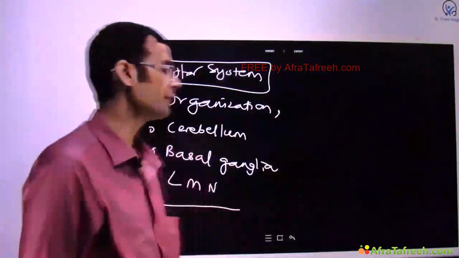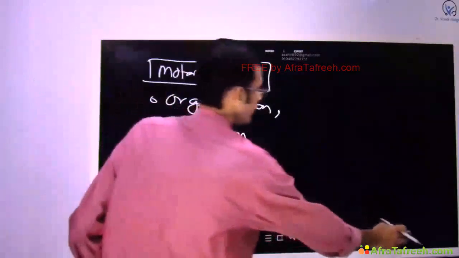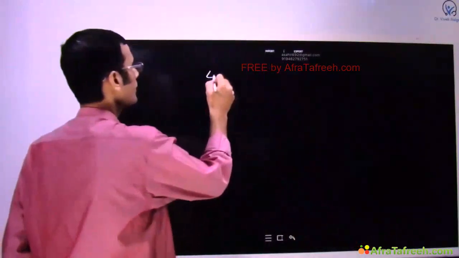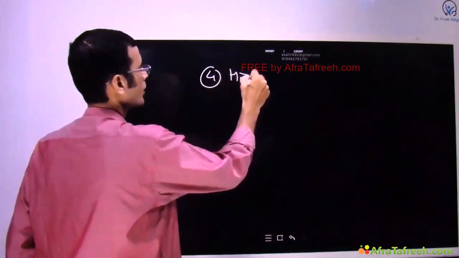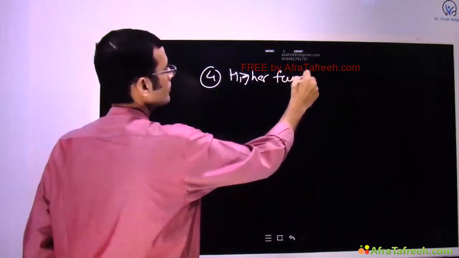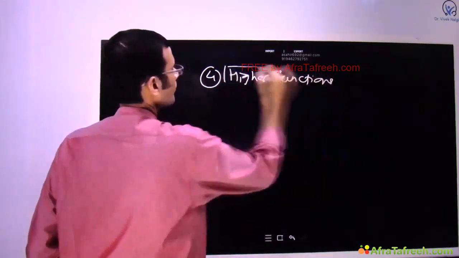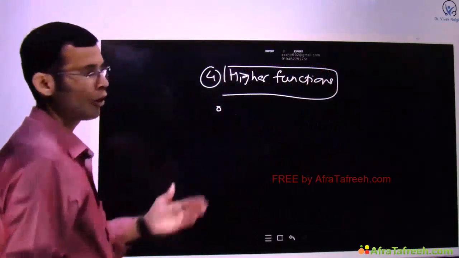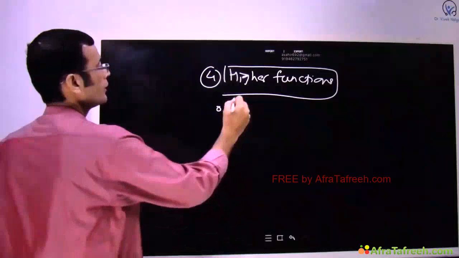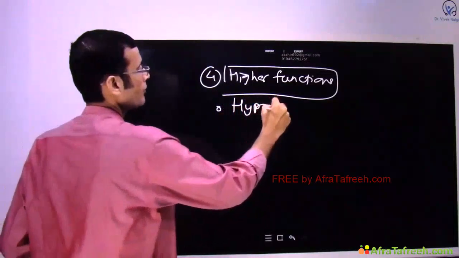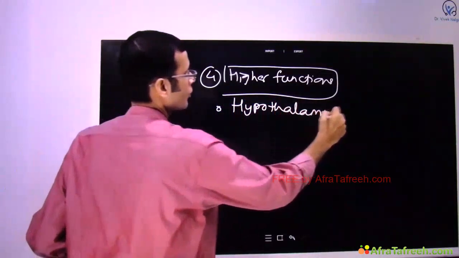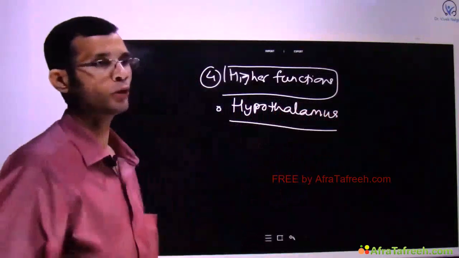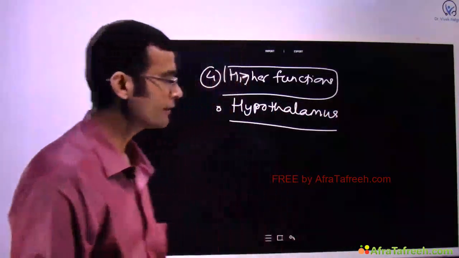the voluntary movement. And then the fourth section will be higher functions. So higher functions mainly deal with the cerebral hemispheres, dominant versus non-dominant. Then functions of hypothalamus, a major topic. Its nuclei are always asked in various entrance exams.